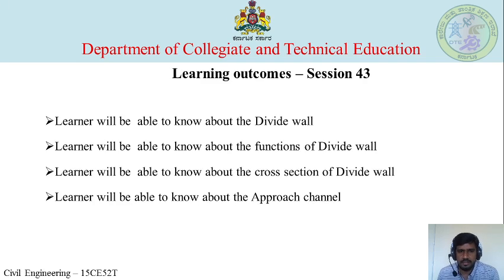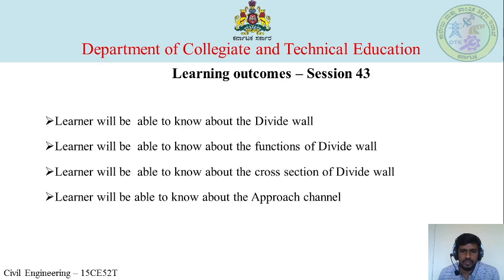After these sessions, the learner will be able to know about the divide wall, its functions and the cross section of the divide wall. After knowing the divide wall details, we will learn about the approach channels, their functions and all.